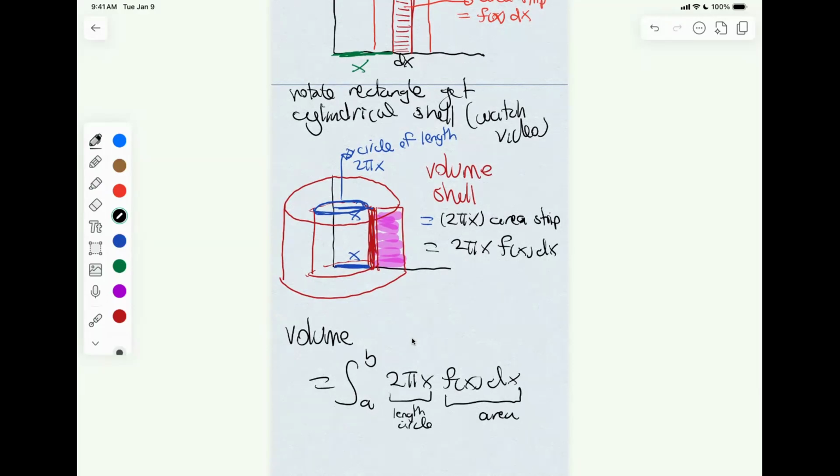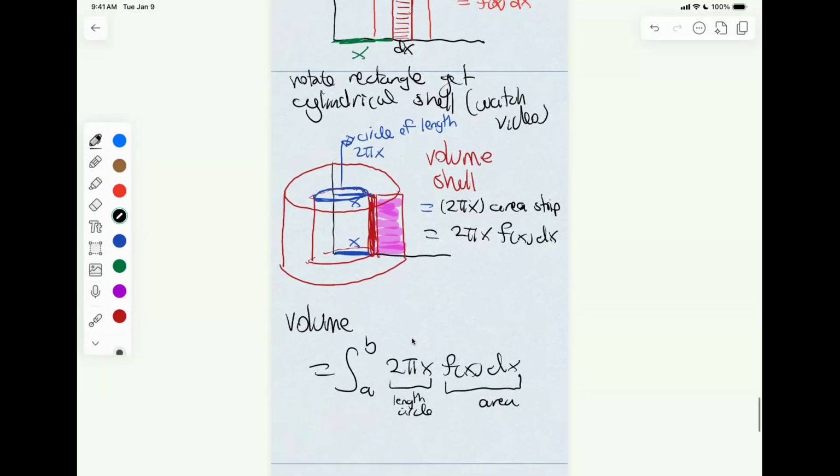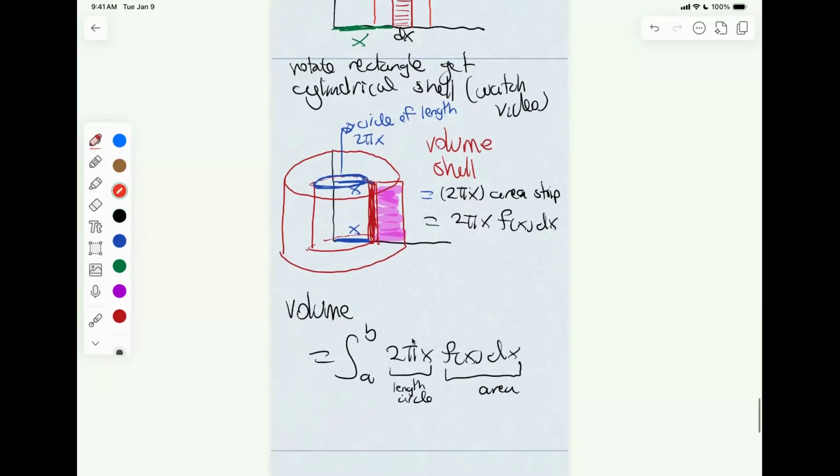So at least it has the right units. Let me check, yes, that's fine. The formula itself is not much more complicated than the previous one with the cross sections, but it takes more mental gymnastics to understand where it comes from. I'll send you the link to the animation if you want to play with it.